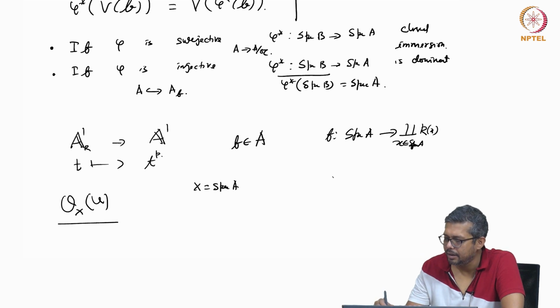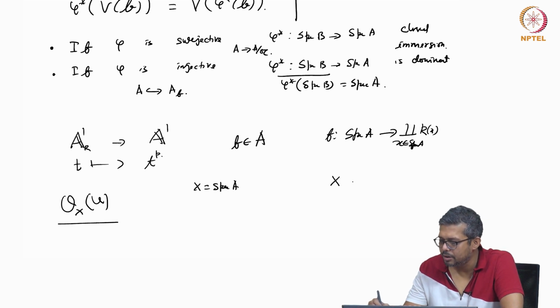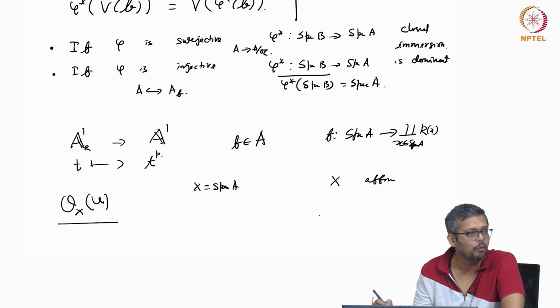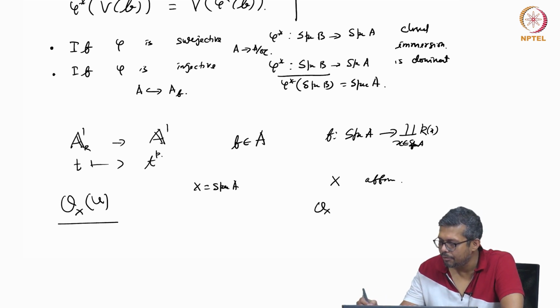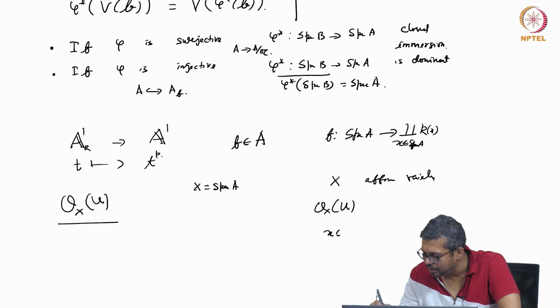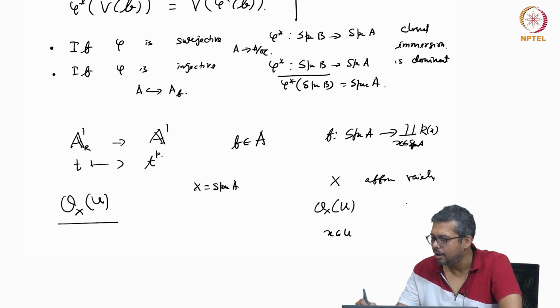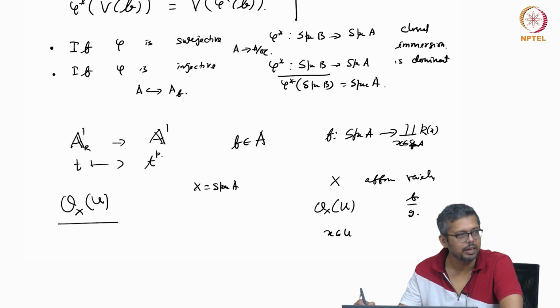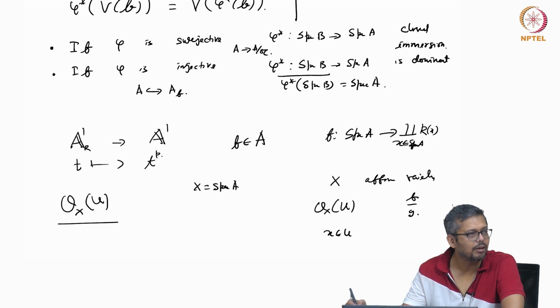Recall in the variety case, when X was an affine variety, how did you define your O_X(U)? O_X(U) is regular functions. So how do you define regular functions? It is not that it is of the form f by g with f and g polynomials.